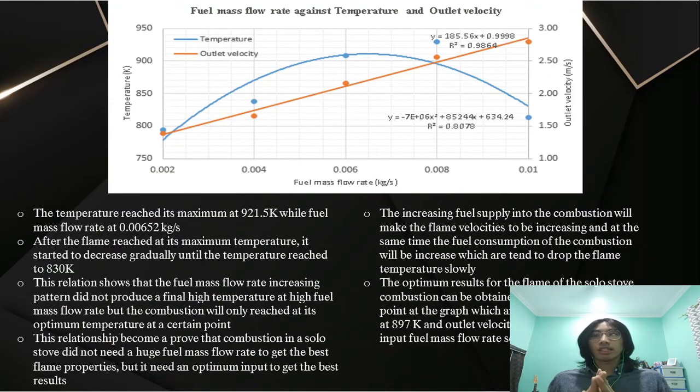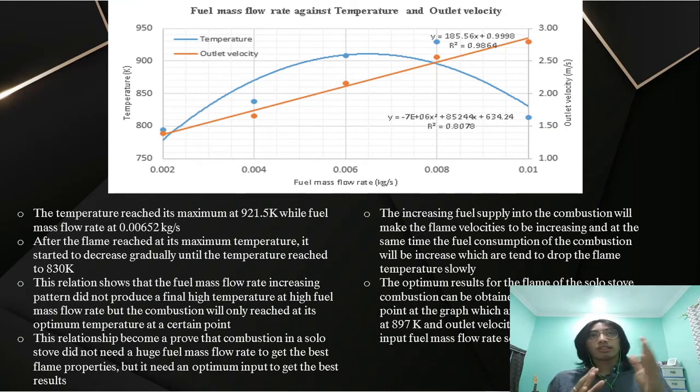Okay, first of all, let's discuss the results from these simulations. I manipulated the fuel mass flow rate against temperature and the outlet velocity. The graph shows the results from this simulation.